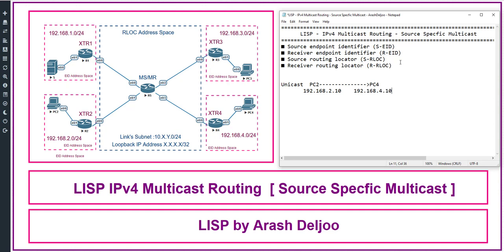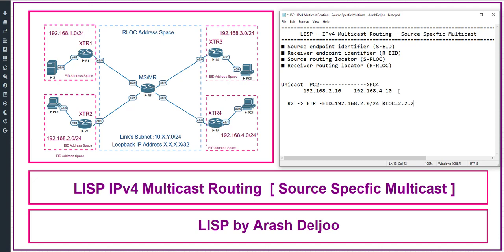In unicast communication, we need to advertise both the source and also the destination address to R5, the mapping server. Look at this example: R2, as the ETR, should send 192.168.20/24 as the EID to R5 with its RLOC of router 2.